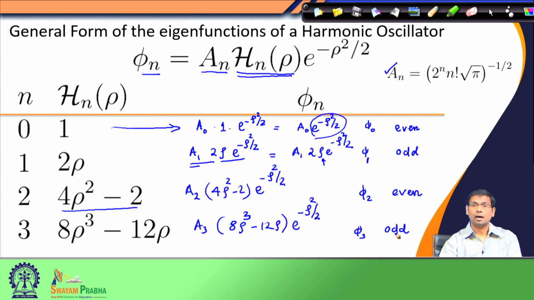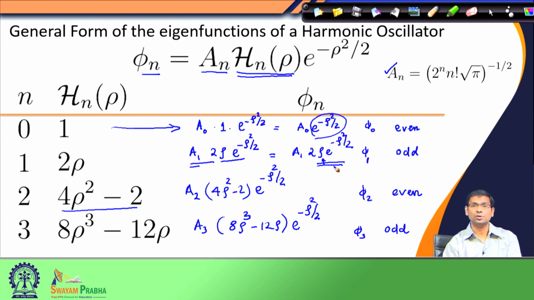So, the eigenfunctions of harmonic oscillators have opposite parity. The consecutive eigenfunctions have opposite parity. If phi 0 is even, phi 1 is odd, phi 2 is even, phi 3 is odd, and so on and so forth.